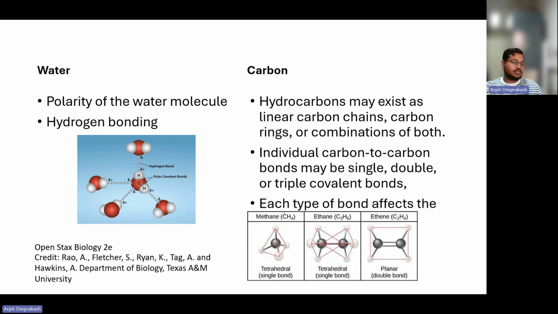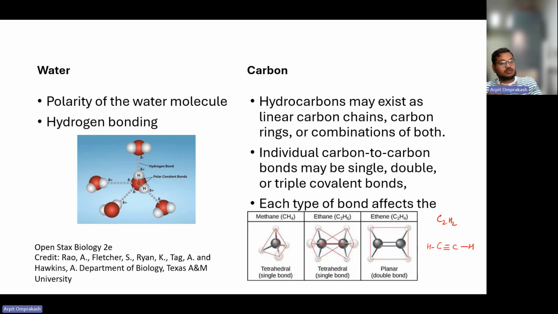For example, ethane has a single bond between two carbon atoms, whereas ethene has a double bond. And again, we have another molecule, C2H2, acetylene, I guess, which has a triple covalent bond between two carbon atoms.